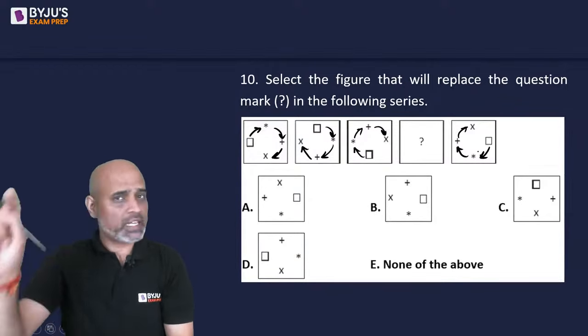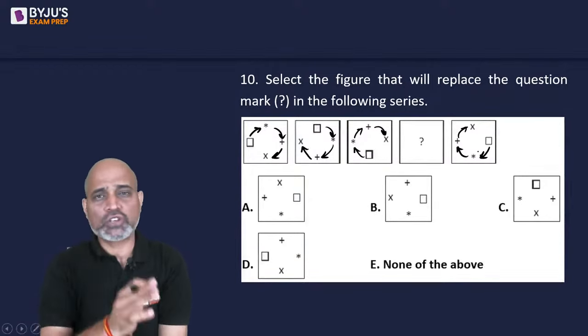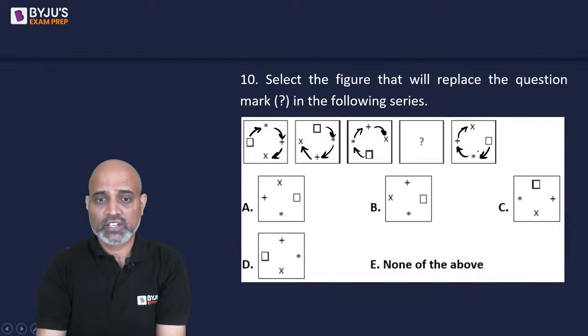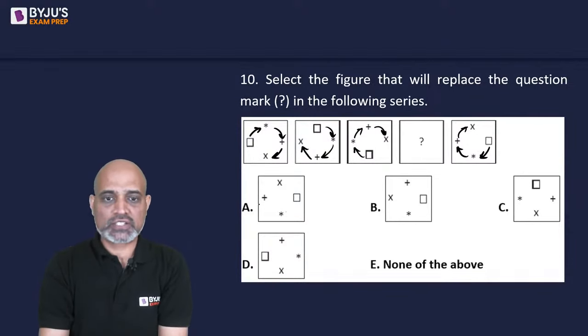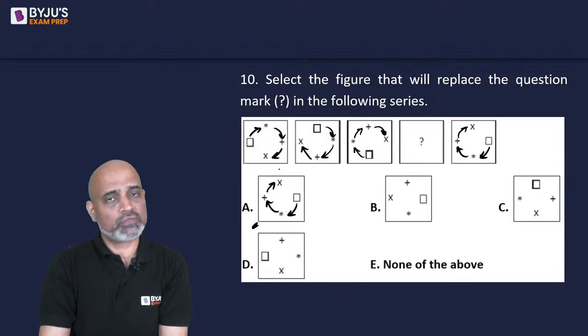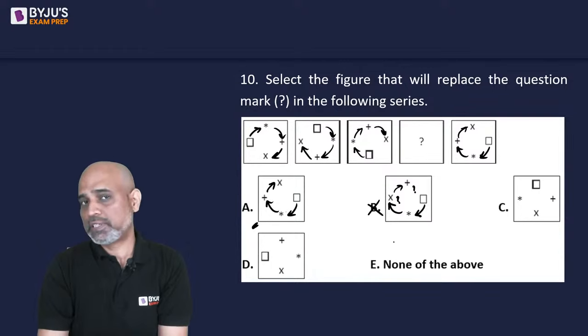ठीक है, पहले तो हमें पता है कि this is the cycle, this is the sequence of the symbols we have. So we have square, asterisk, option A देख रहे हैं, ठीक है? Square, asterisk, plus and multiplication. Perfect, match कर रहे हैं. Square, asterisk, multiplication, and then plus, sequence breaks.